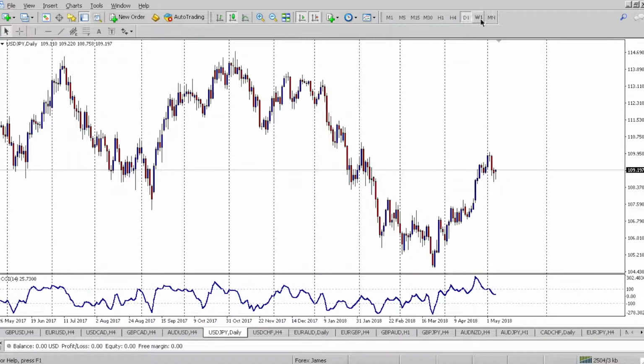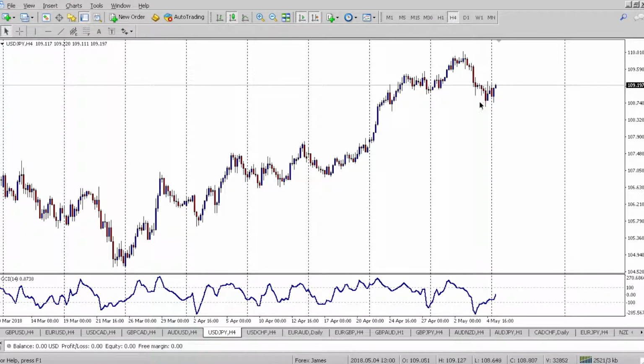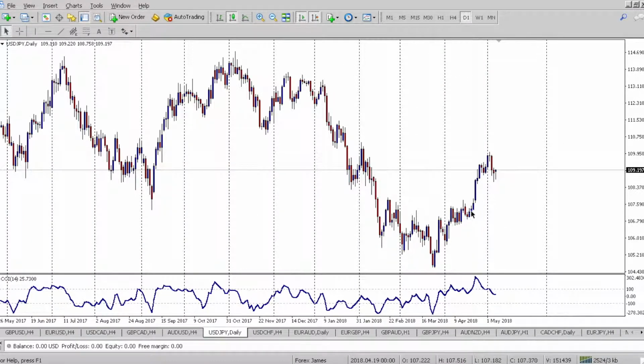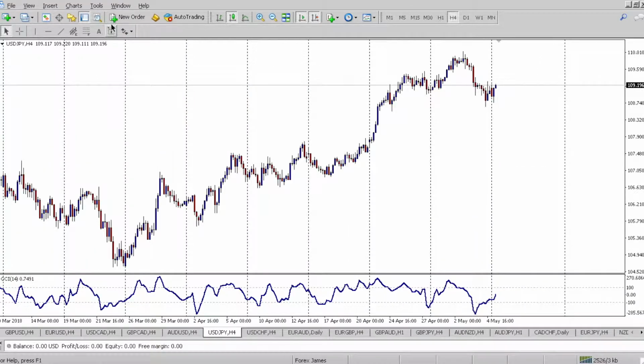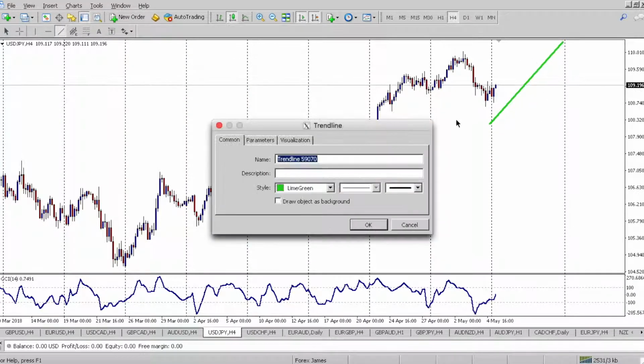Dollar yen. Okay, so big move up. Sellers jump in, leaves a long wick, which means that the bulls jump in on this opportunity as well. This up move here is probably not done. So upside.